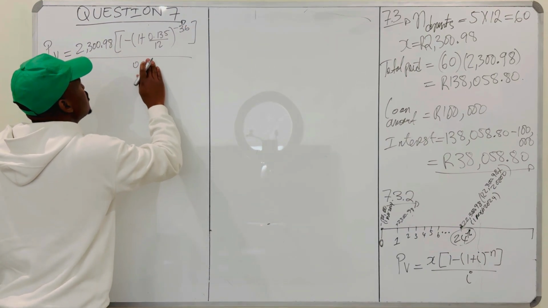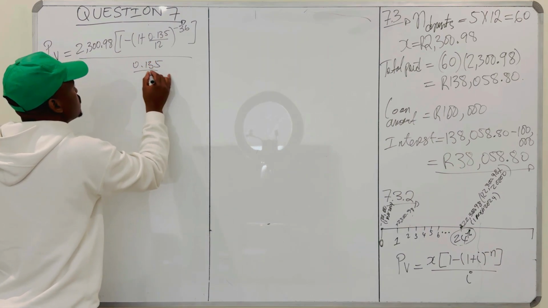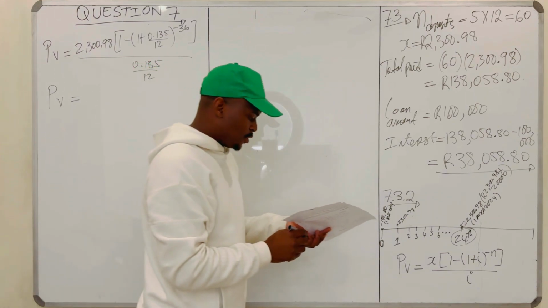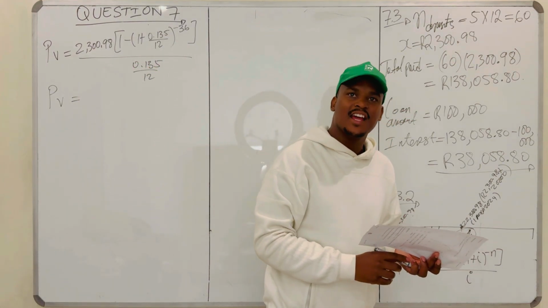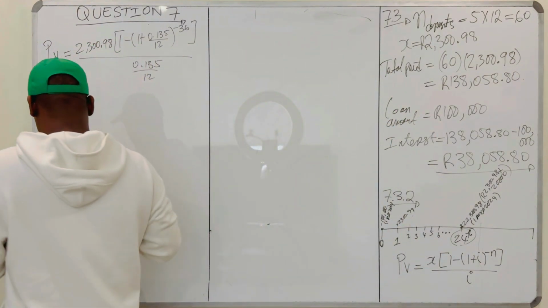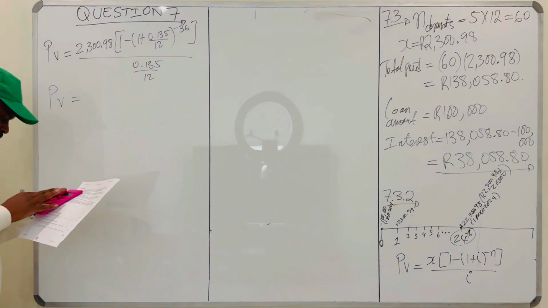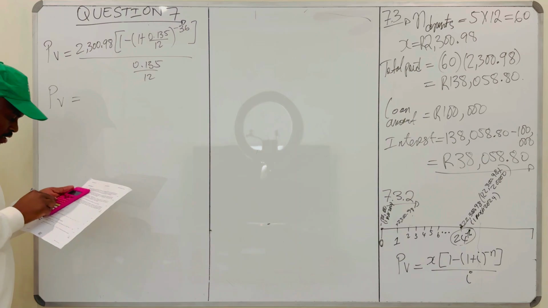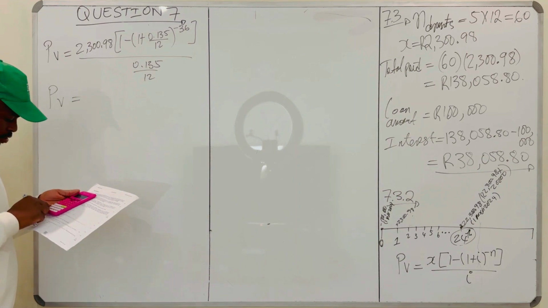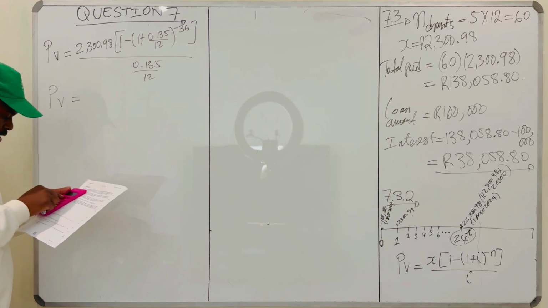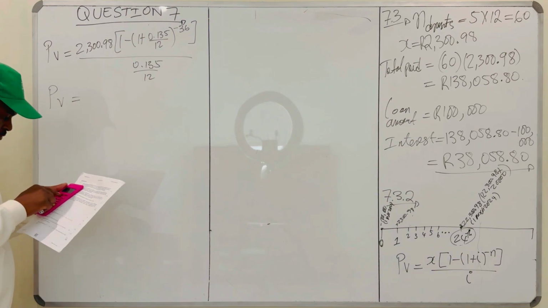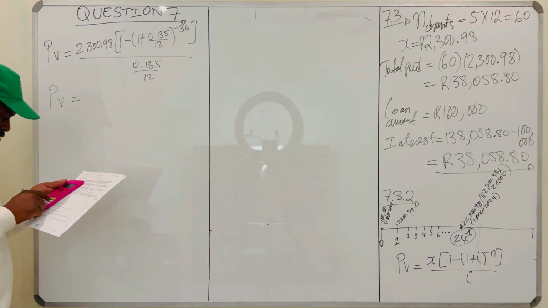0.135 over 12. So the balance of the loan after he deposited that 2,300 rands 98 cents is the answer to this: 2,300.98 into 1 minus (1 plus 0.135 over 12) raised to negative 36, all over 0.135 over 12.